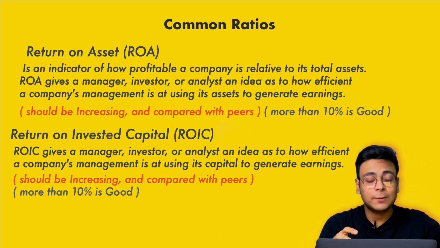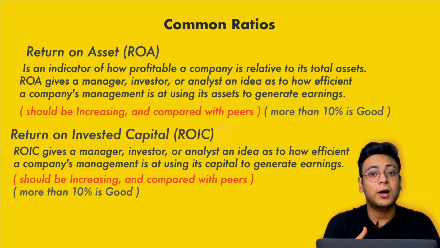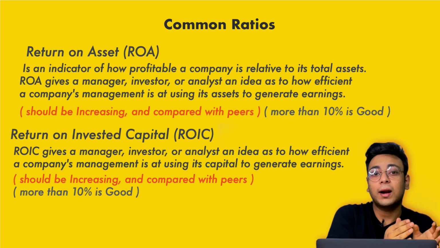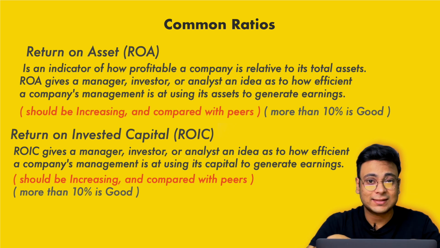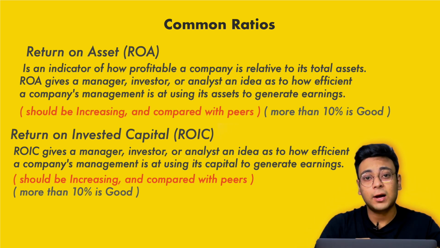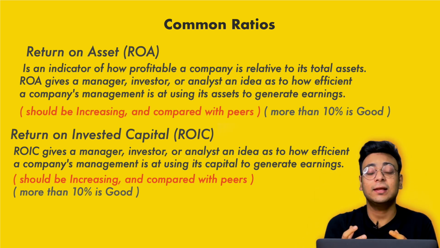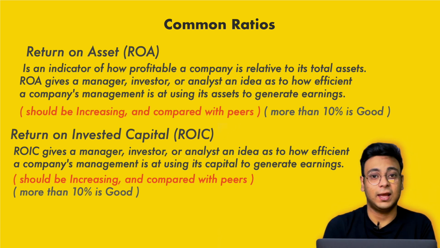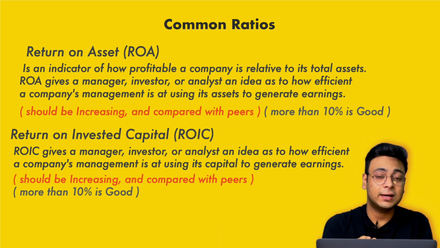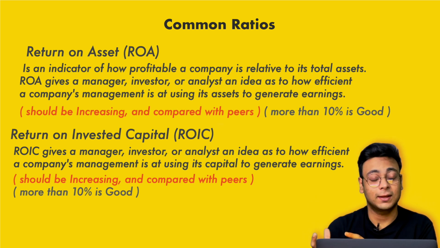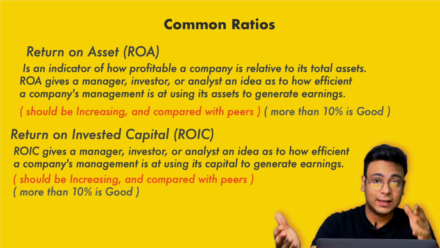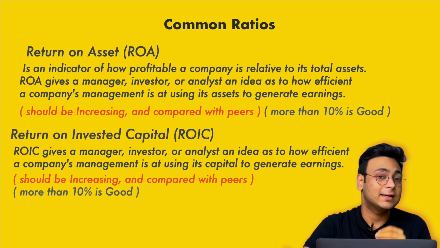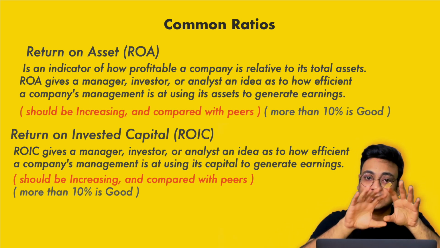So in the equity part, we saw how much profit is coming for $1 or 1 rupee of investment in the company. Now in the asset section, we can see how much return the company is getting for the assets that the company has. So this is also an indicator of a company's well-being. The higher the ratio, the better it is for the company. Now this should be increasing for any company, and it is compared with its peers in the same industry.